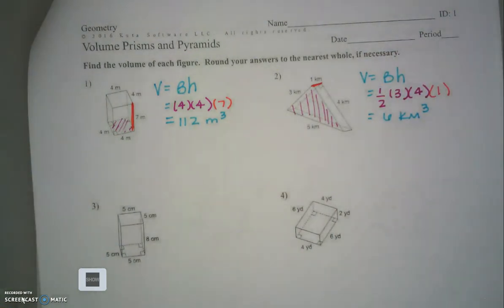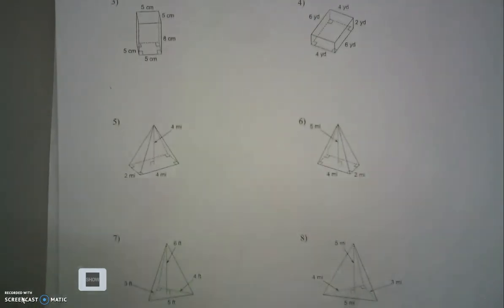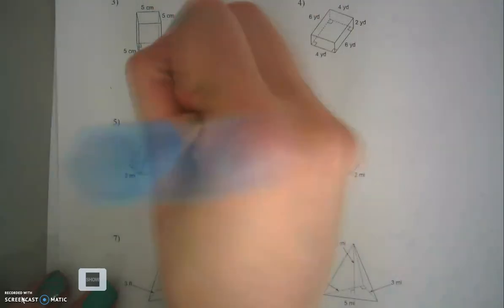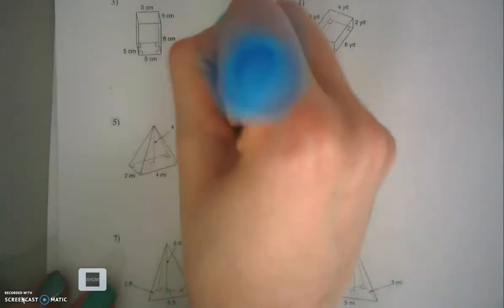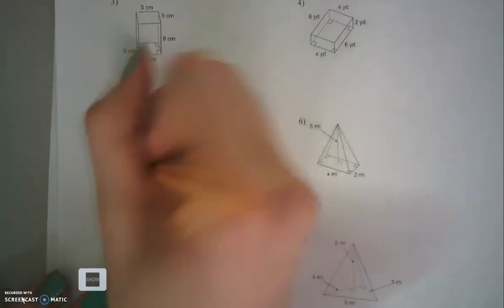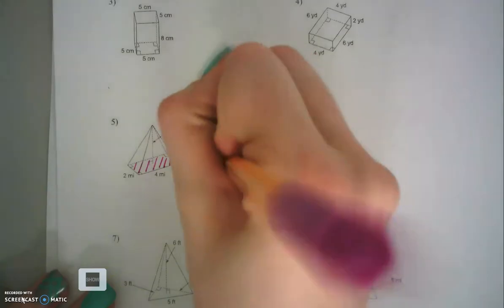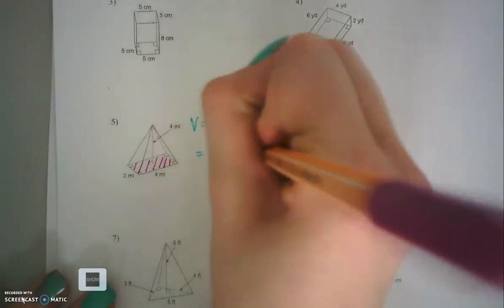Now looking at a pyramid, let's shift our eyes down to number 5. The volume of a pyramid is 1/3 big B, the area of the base, times the height. So my base here is a rectangle. So that's going to be 2 times 4.